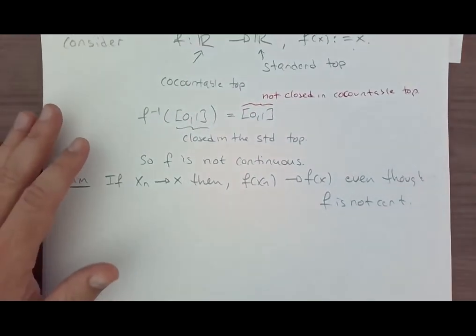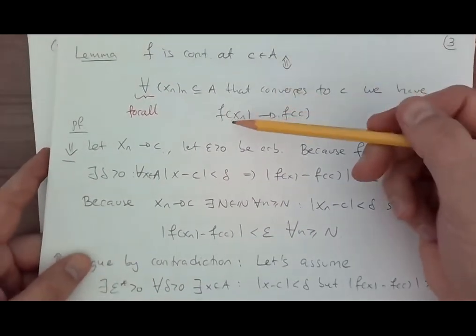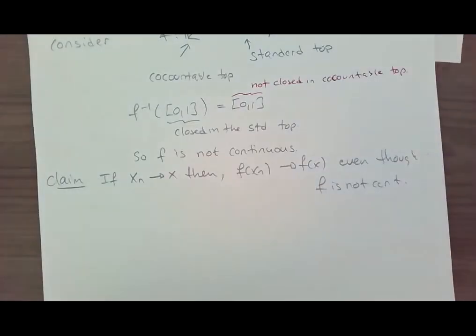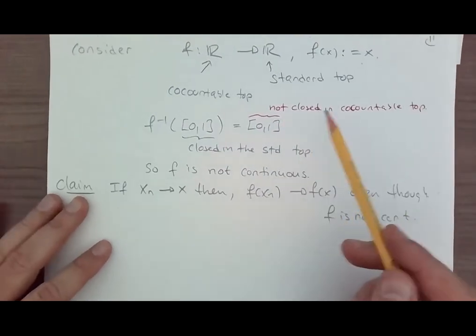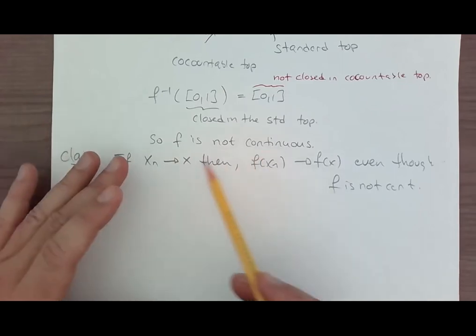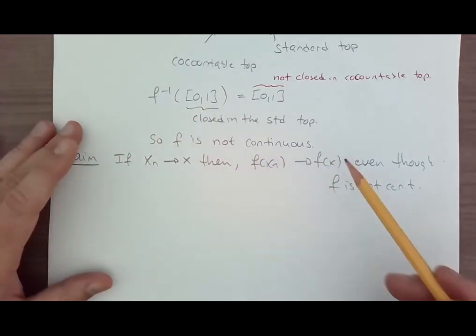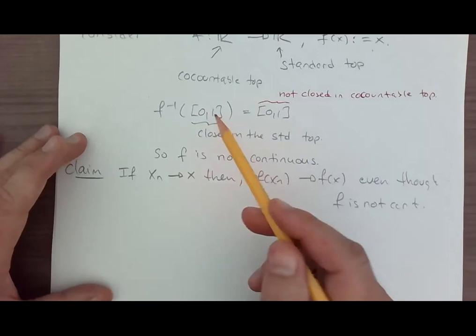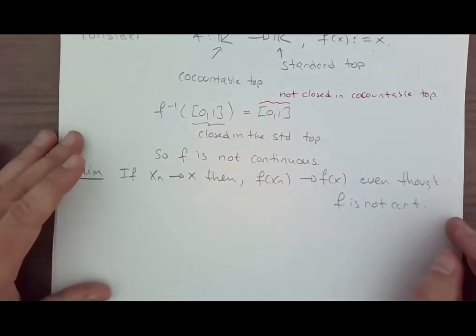And so this property that we had here, namely that continuity, is equivalent to this property. And that apparently fails if I change around what I mean by open sets. So here I can have that sequences converge and the function evaluated at these arbitrary sequences converges, but the function I'm looking at is not continuous.